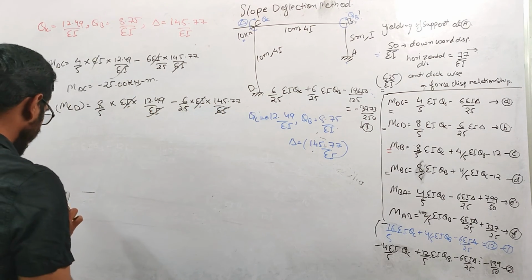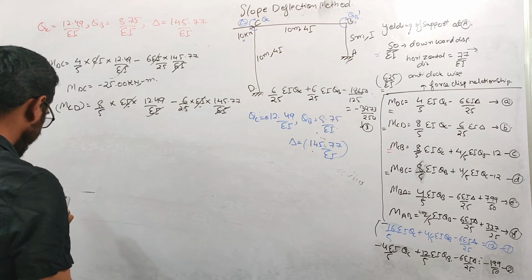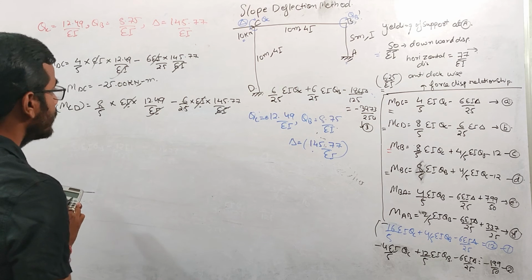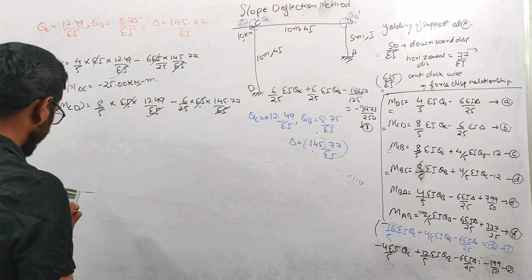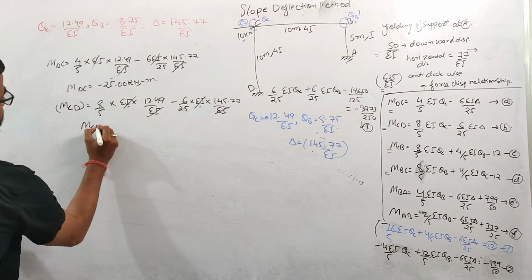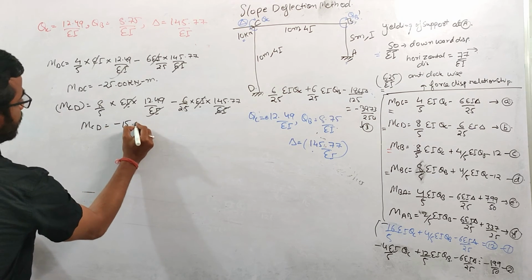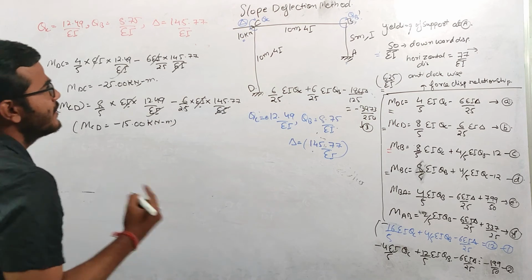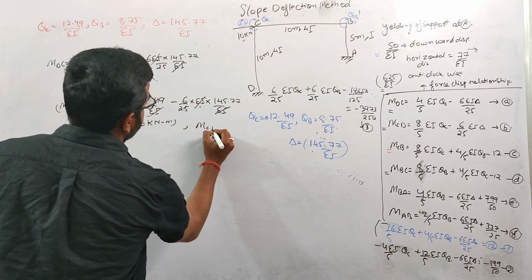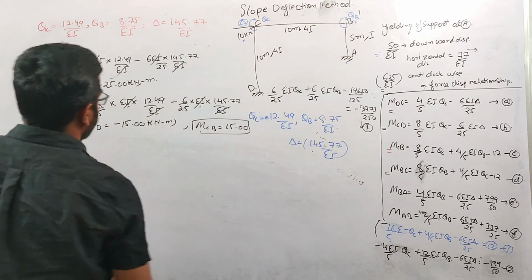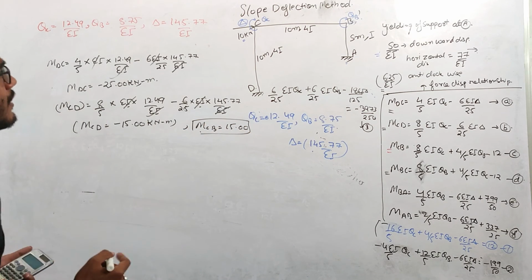This value is 8 into 12.49 divided by 5 minus 6 into 145.77 divided by 25. So the value of MCD is minus 15.00 kilonewton meter. If MCD is known, MCB will be equals to 15 from the equilibrium equation. This thing we have already done. Now let us come to MBC.